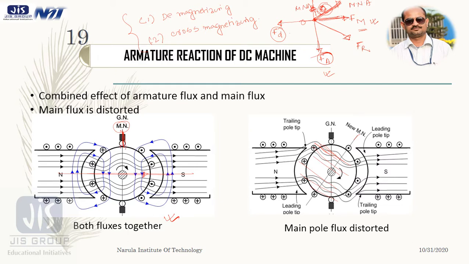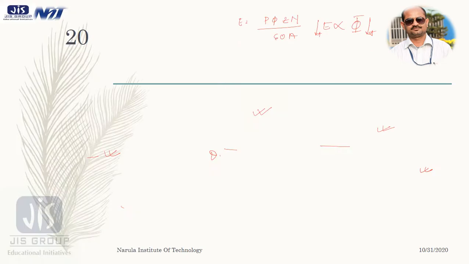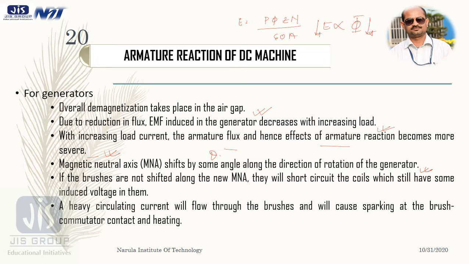Now the brush position will get changed, but some induced voltage exists. As a result there is a flow of heavy circulating current through the brushes, and this will result in sparking at the brush commutator contact, and there will be a heating effect.